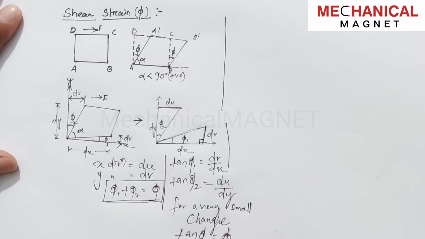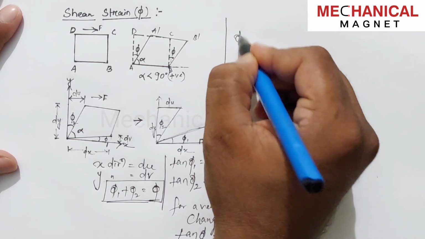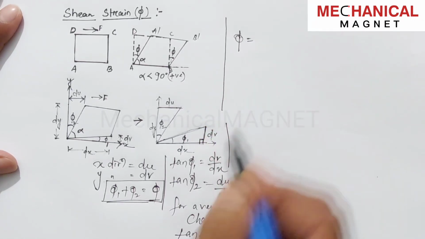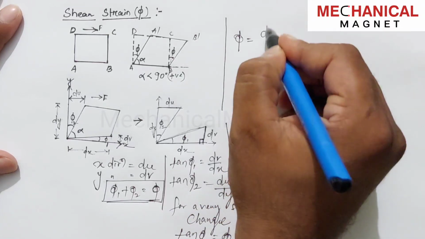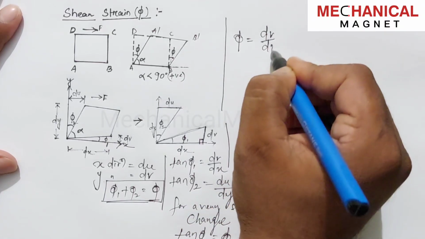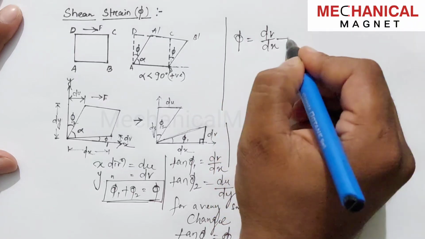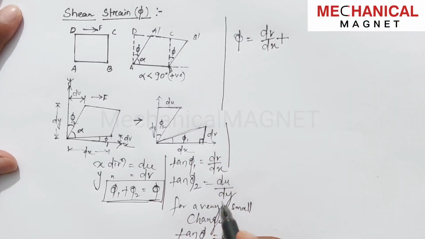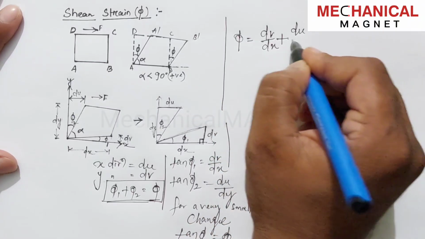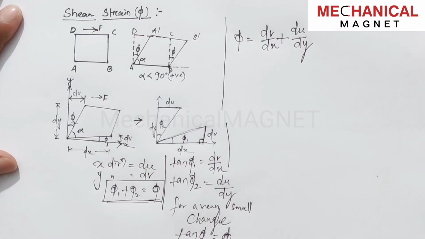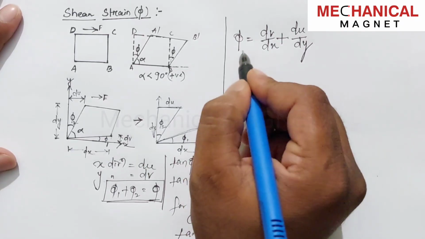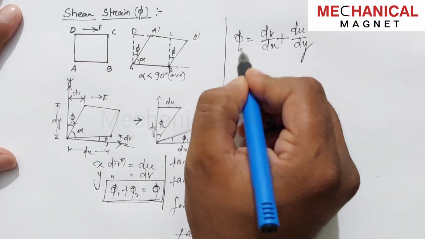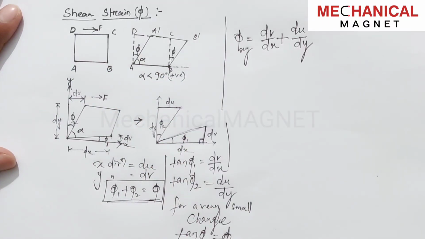So phi is equal to phi 1, which is dv by dx, plus phi 2, which is du by dy. So this is written as the shear strain in the x and y direction.